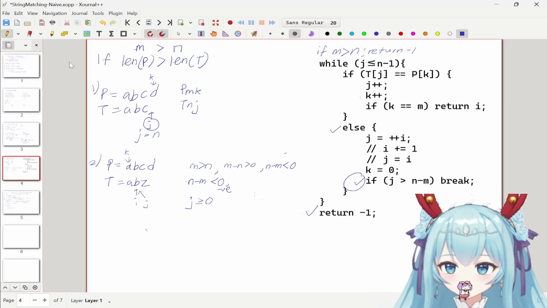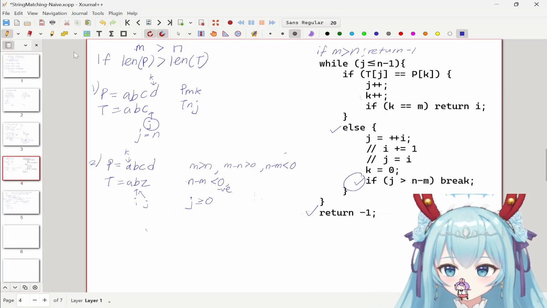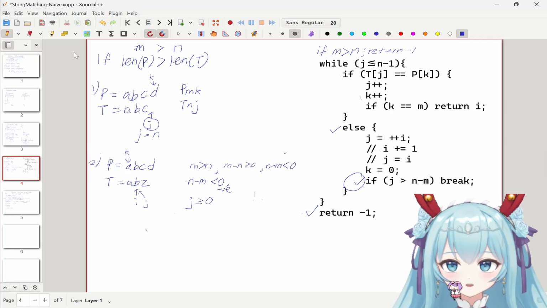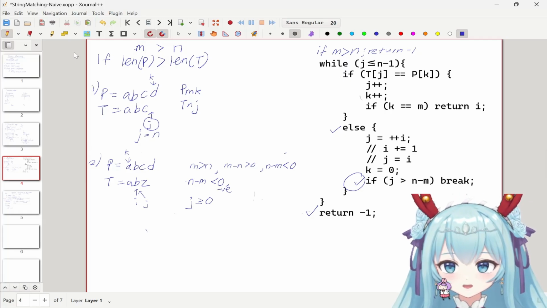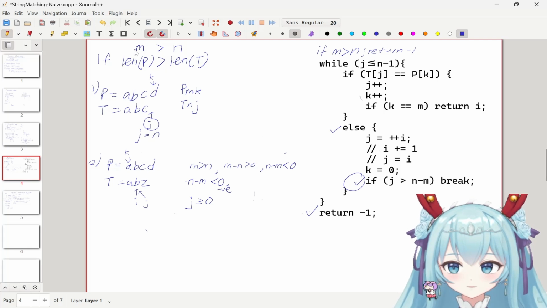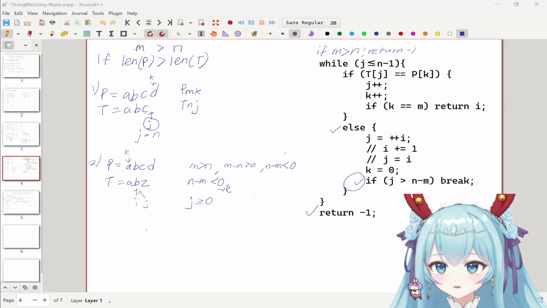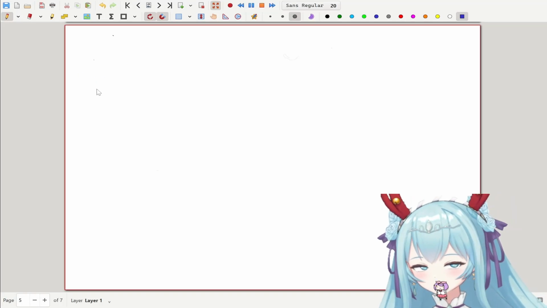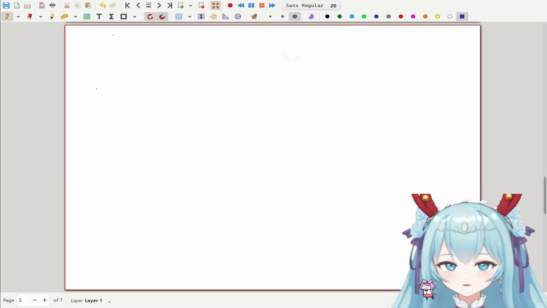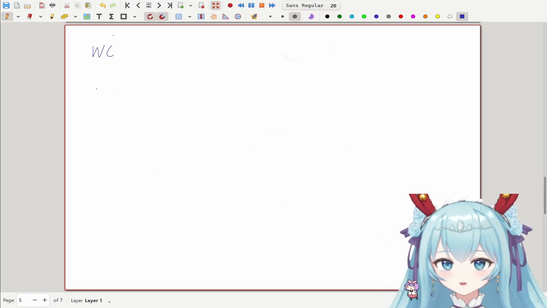Okay, now we can move on to the next part, which is the time complexity. When talking about time complexity, we normally talk about the worst case.